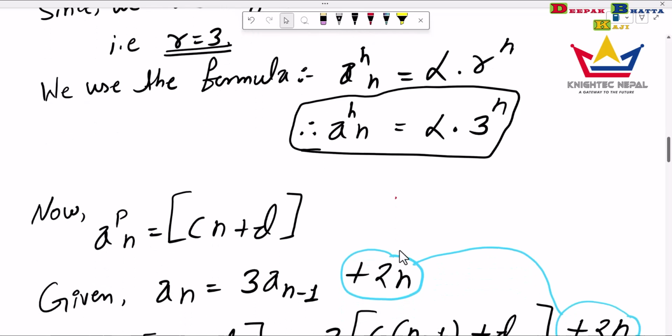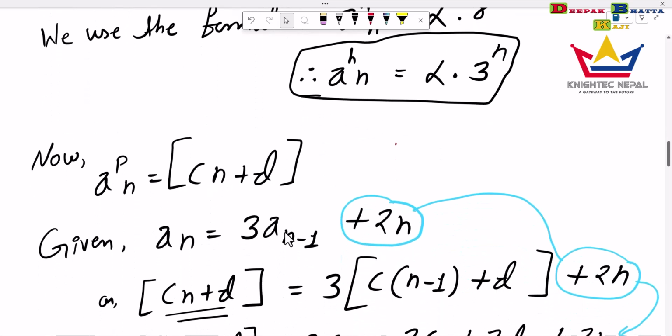Now a_n^p equals cn plus d. From the given question, a_n equals 3a_{n-1} plus 2n. So we substitute here cn plus d for a_n. Then 3a_{n-1}, so here 3 as it is, and a_{n-1} is c(n-1) plus d, plus 2n as it is.